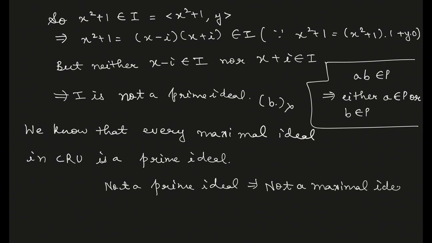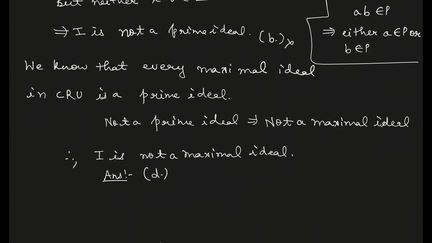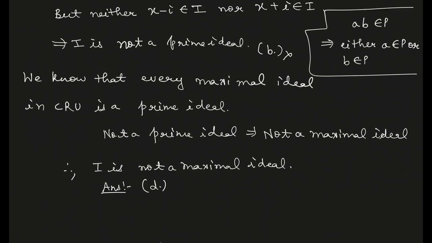So as I is not a prime ideal, I is not a maximal ideal. Simple basic definition. So the answer is part D. I is neither a prime ideal nor a maximal ideal.